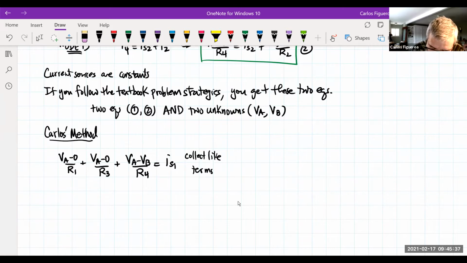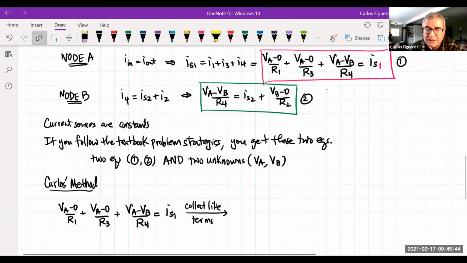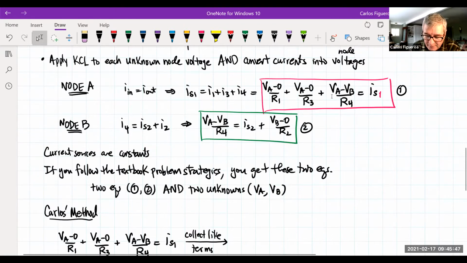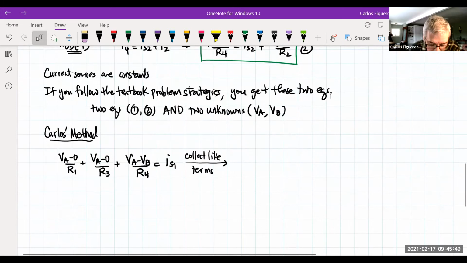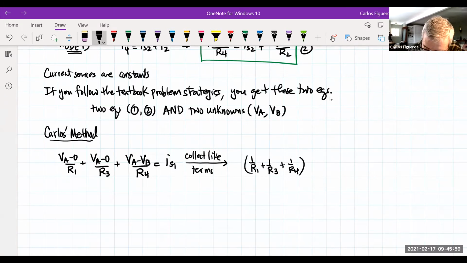If you follow the book's process, you're not putting things into like terms. But now I'm going to put them into like terms here. So I'm going to collect all the A's and all the B's. So I'm going to get (1/R1 + 1/R3 + 1/R4) VA, and then look at the VB here. VB is minus 1 over R4, VB, and then I have plus I source 1.